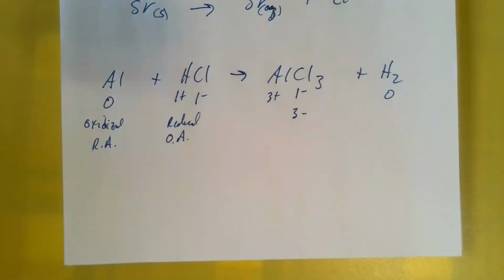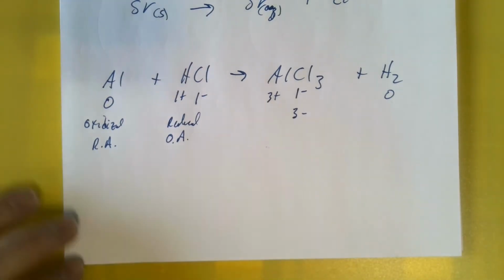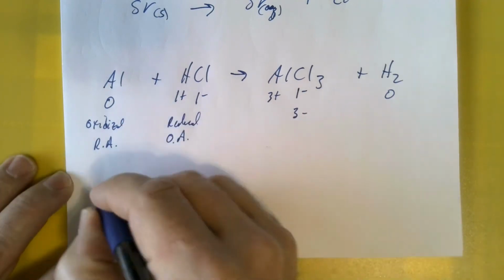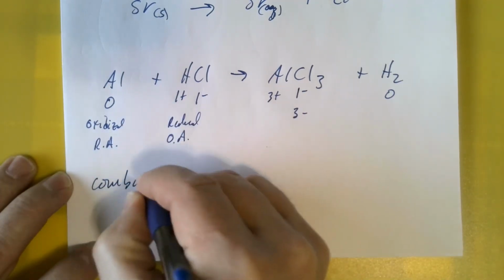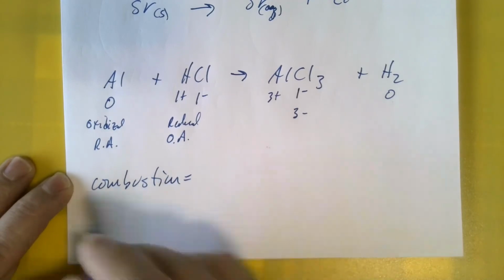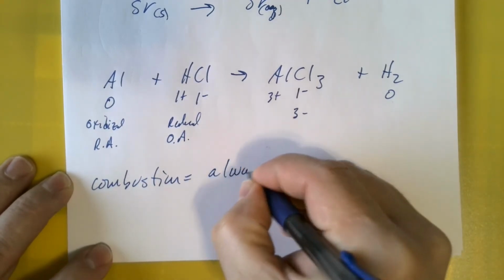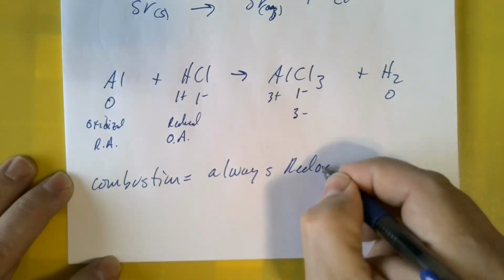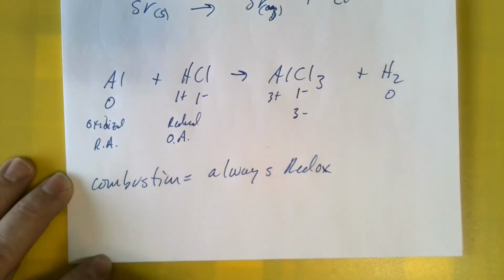Alrighty. Now, with that, let's do one more. Whenever they give you a combustion reaction, okay? Combustion is always redox. And typically for what we're doing, combustion is going to look like this.